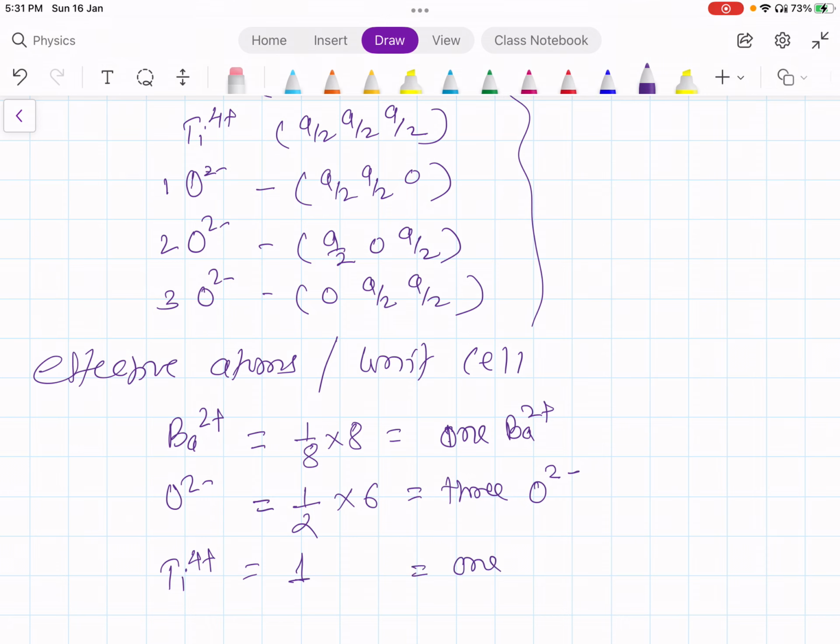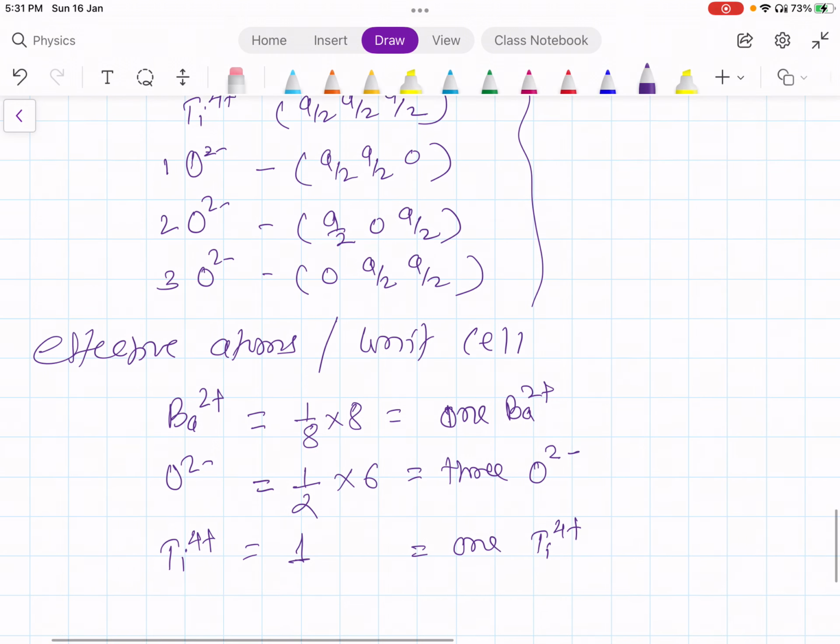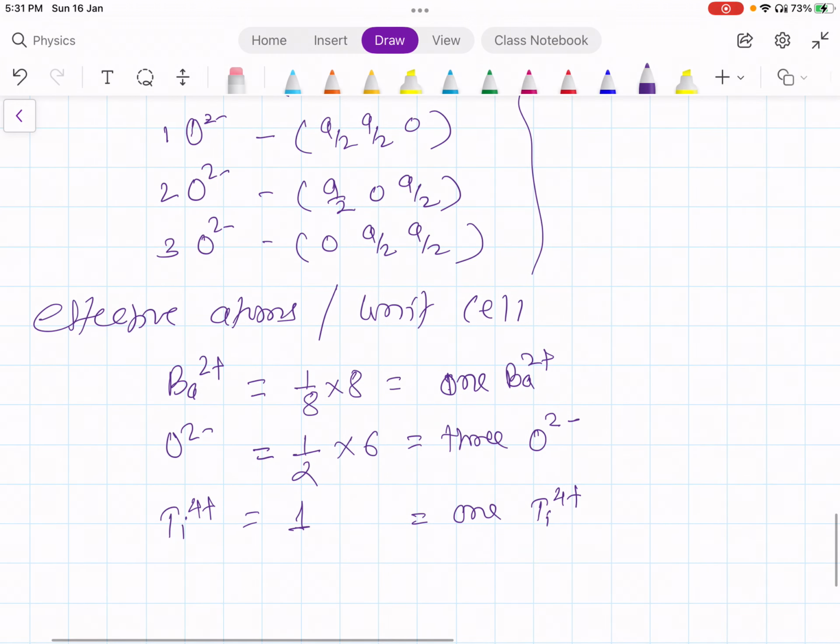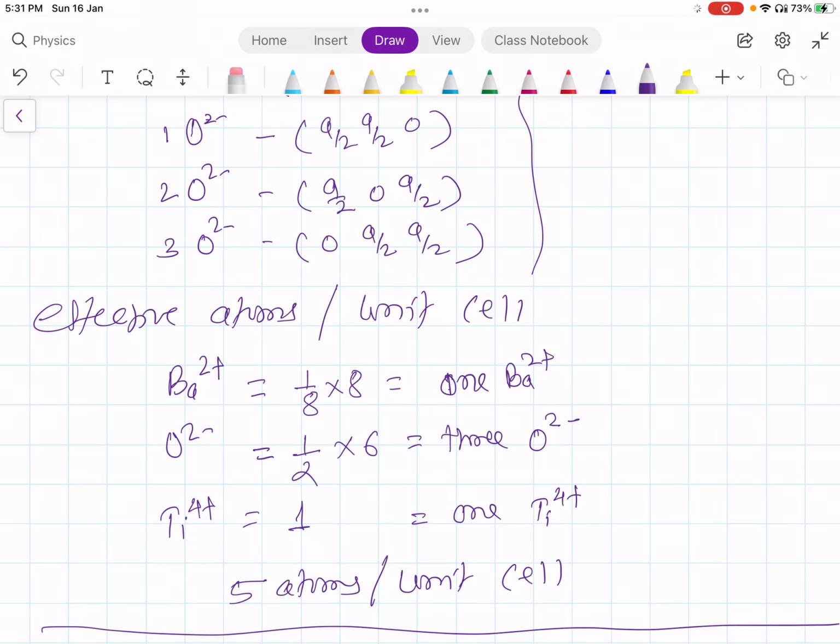So there is one titanium. So total 5 atoms per unit cell. Effective atoms: 5 atoms per unit cell. And that is the barium titanate.